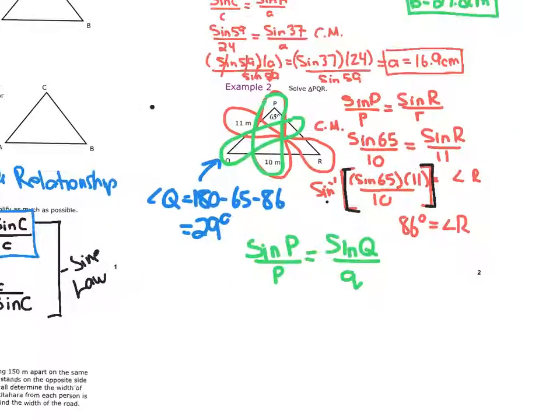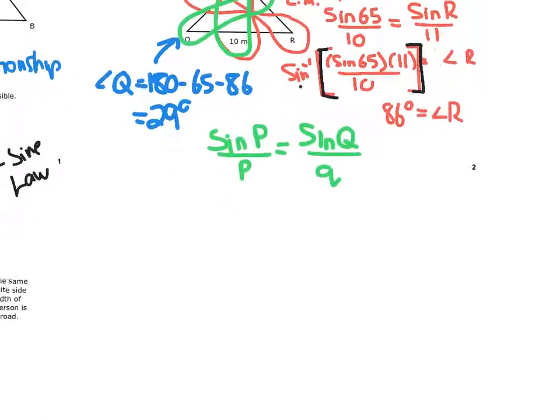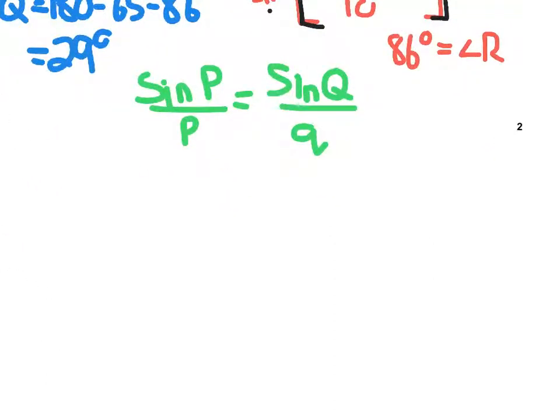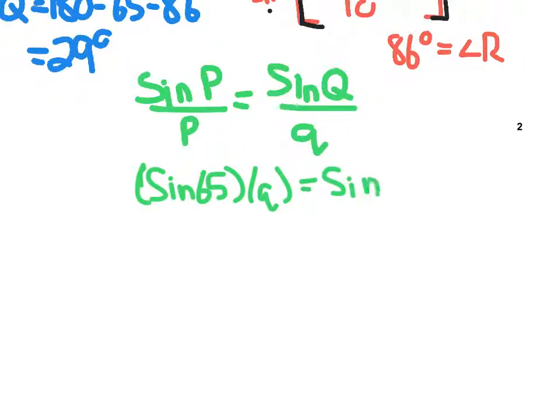Again, you're going to plug in that information. Sine P, which is 65, times Q equals, and I'm just doing the cross multiplication at the same time, sine 29 times 10.